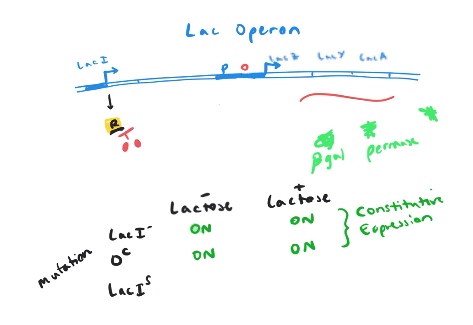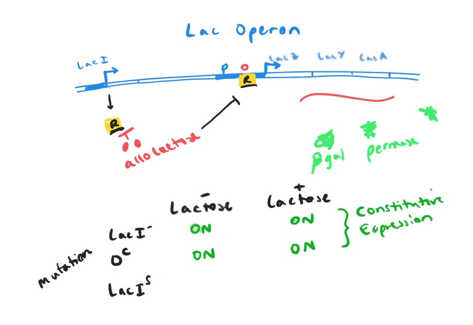So maybe I'll block that there. So allolactose, the inducer, is no longer able to bind to the repressor, and that means that the repressor is always going to be on the operator sequence. So again, there's no way for that allolactose to bind to the repressor and pull it off of the operator.